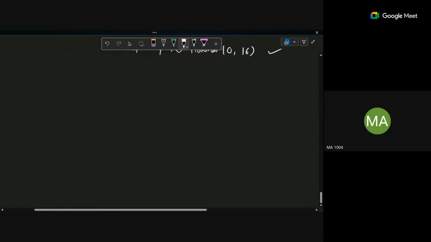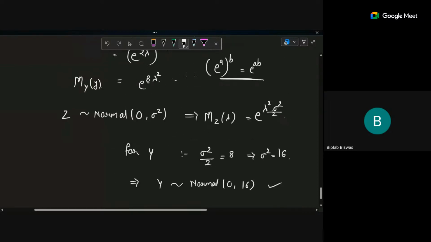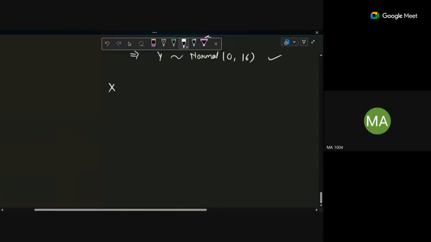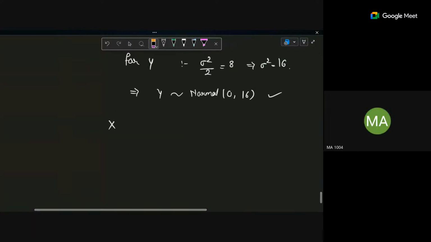Now someone has answered this question in an easier way. You compare lambda square sigma square by 2 equal to 8 lambda square. That was one method, where you calculate the MGF of y.